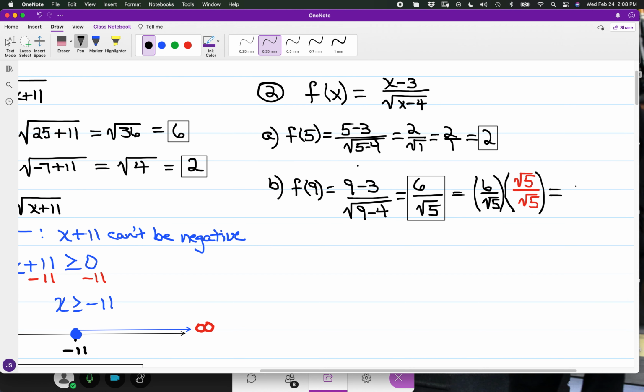So an alternate display of the answer: we have 6 times the square root of 5, and the square root of 5 times the square root of 5 is the square root of 25, and that goes to 5.